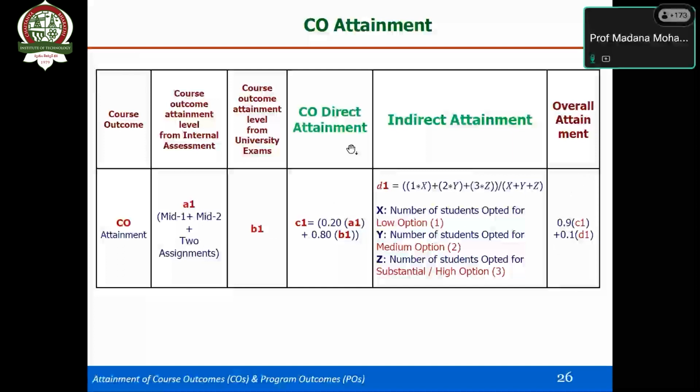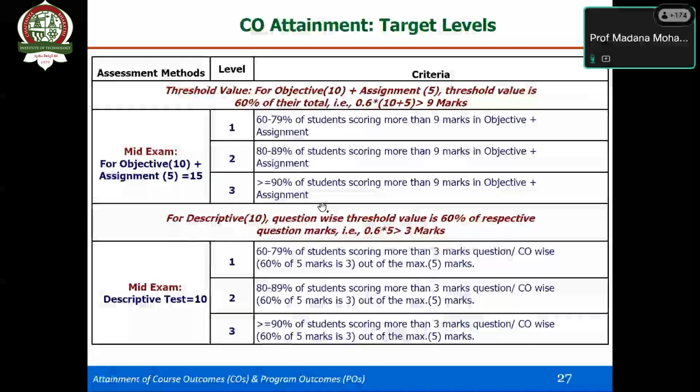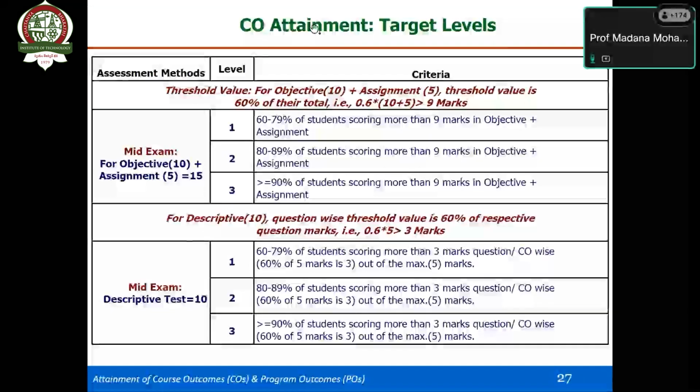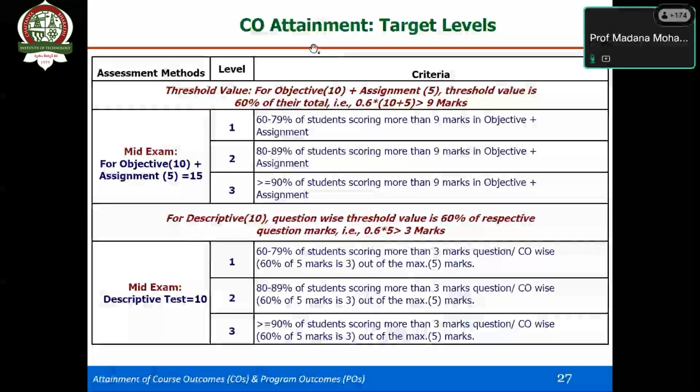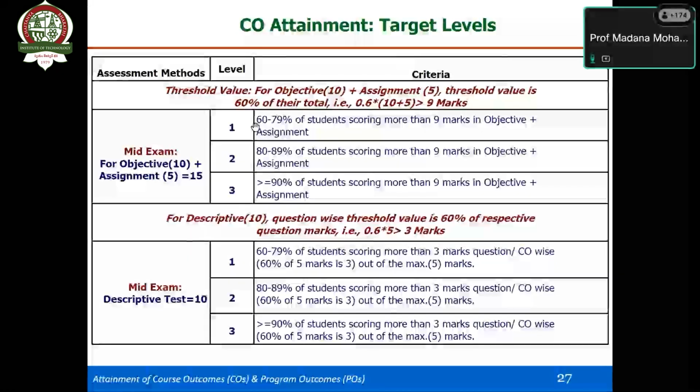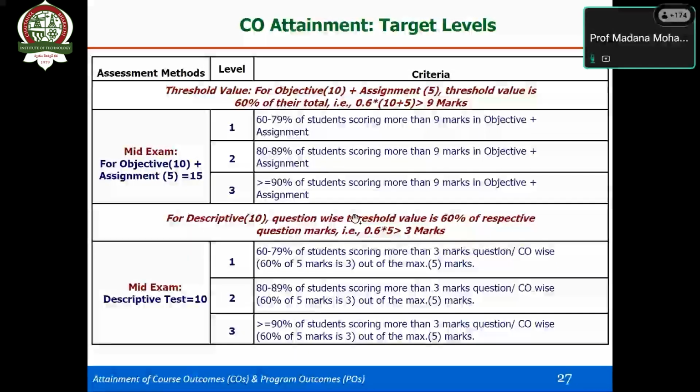This is the computation process of a particular course, the CO attainment calculation formulas. Okay, now the target levels, whatever we discussed earlier, the same is listed here. CO attainment target level: this we already mentioned based on your component.